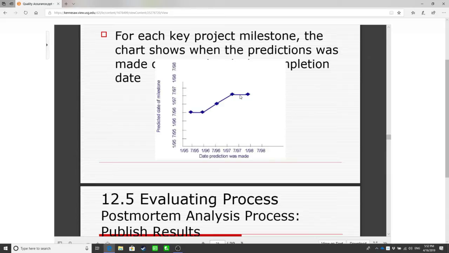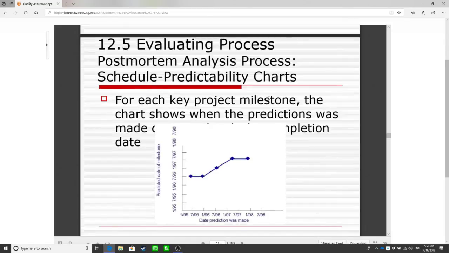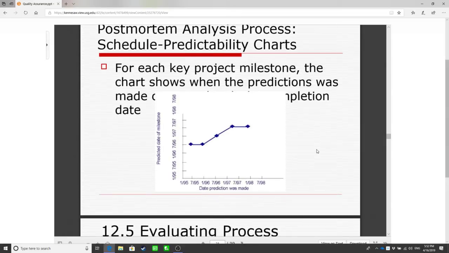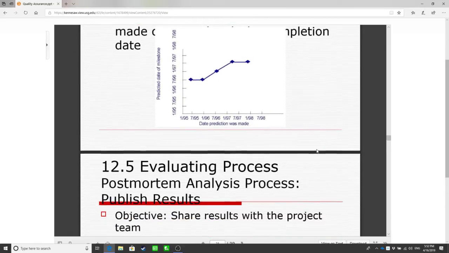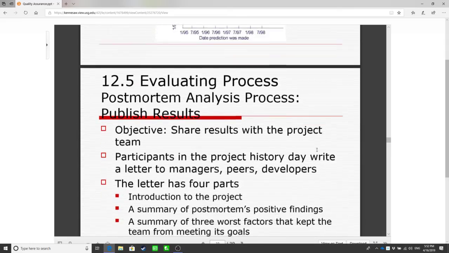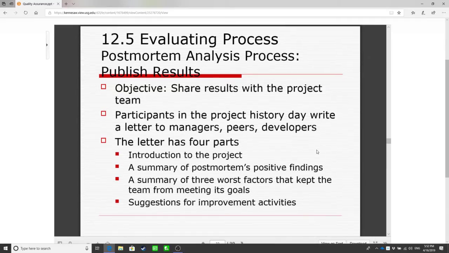So it's a tool that uses the milestones as tasks to show the prediction, to help you manage and look through how you're doing in this project scheduling. It gives you information you can dig into. Then after we do the analysis, we publish the result.